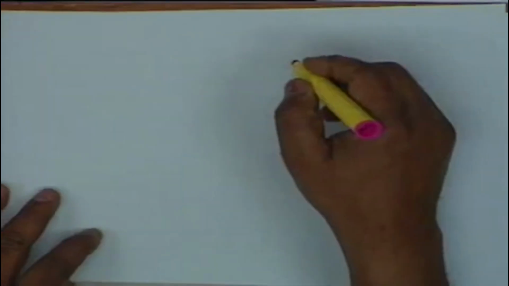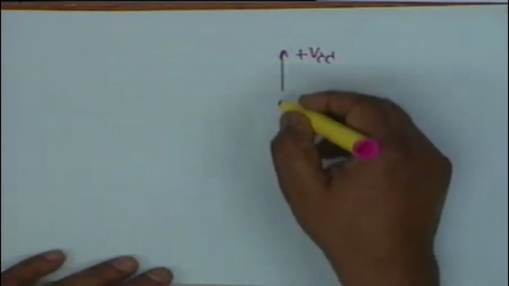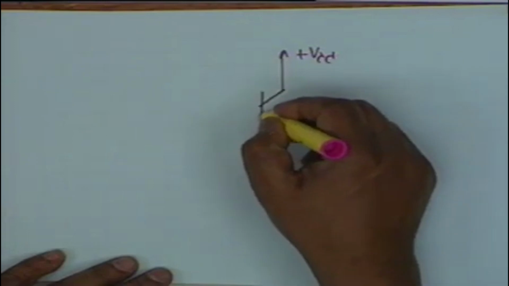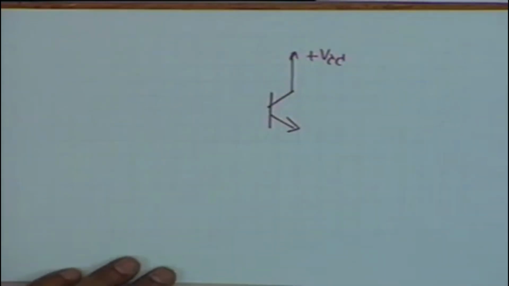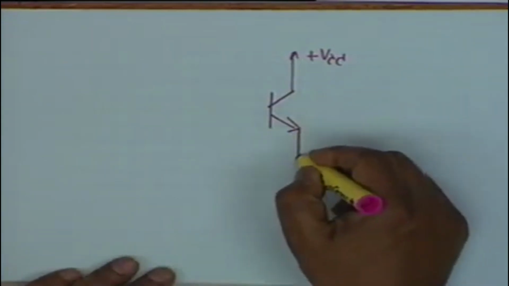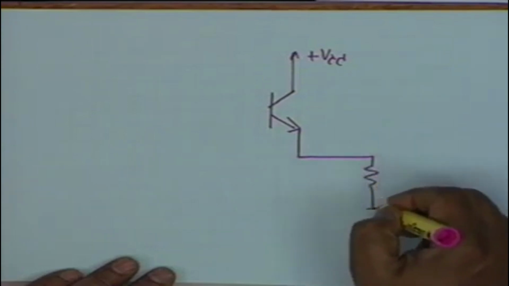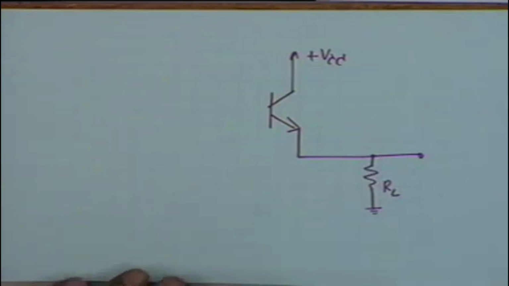We have plus VCC. Let us draw the NPN transistor first. You see, there is nothing in the collector because it is to be an emitter follower, and the emitter is then connected to an RL as you saw earlier and the output is taken here.